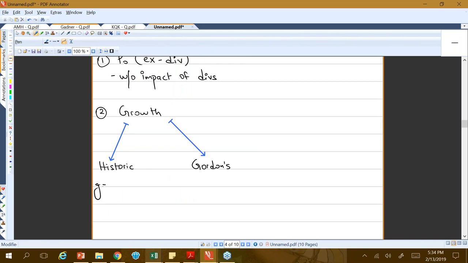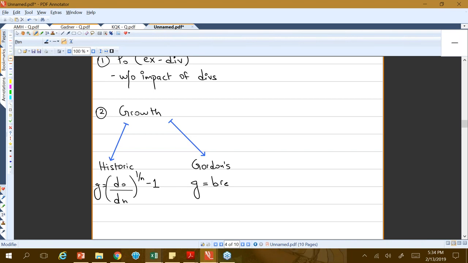The historic model is G equal to (D naught over Dn) to the power of 1 by n, minus 1. And then you have the Gordon's model, which is G is equal to b times RE.